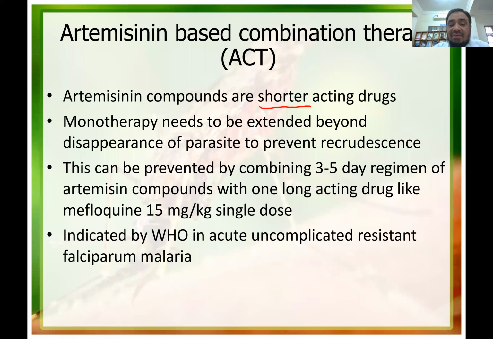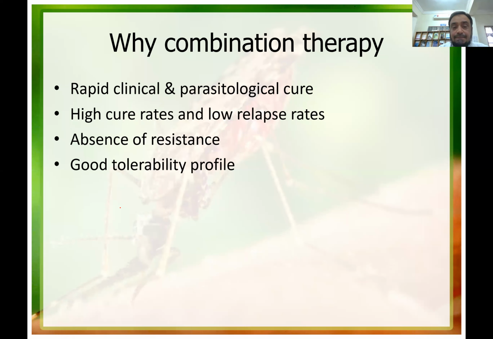That is, it should be given for a minimum period of 5 to 7 days. But when we are combining it with a long-acting drug like mefloquine, the duration of therapy can be reduced from 5 to 7 days to just 3 days, and it is indicated by the World Health Organization in the treatment of uncomplicated falciparum malaria.